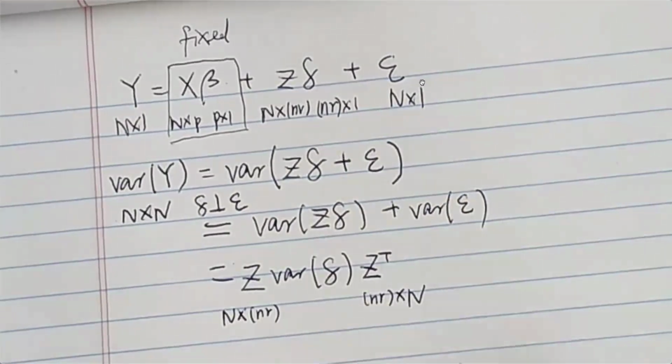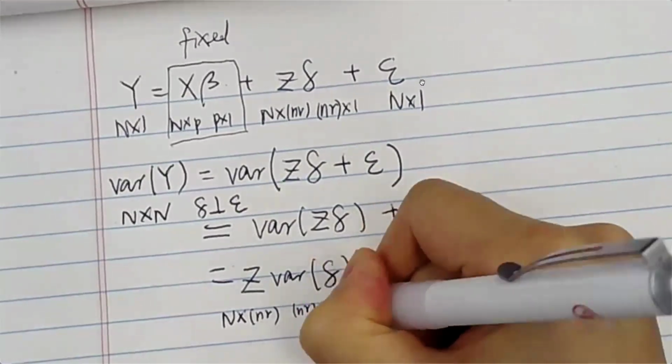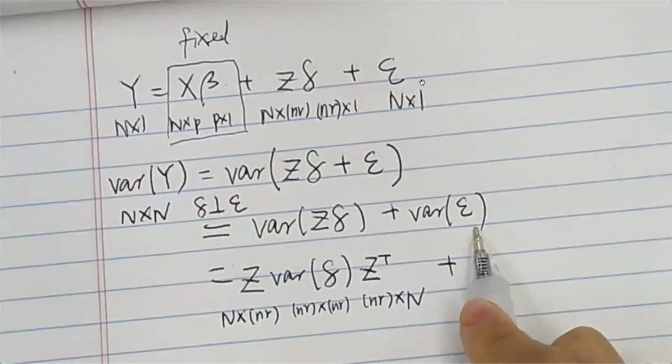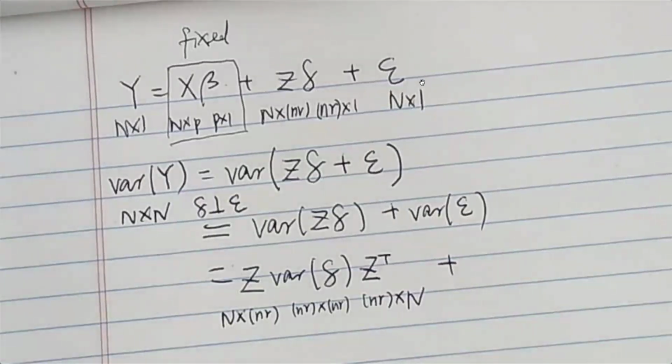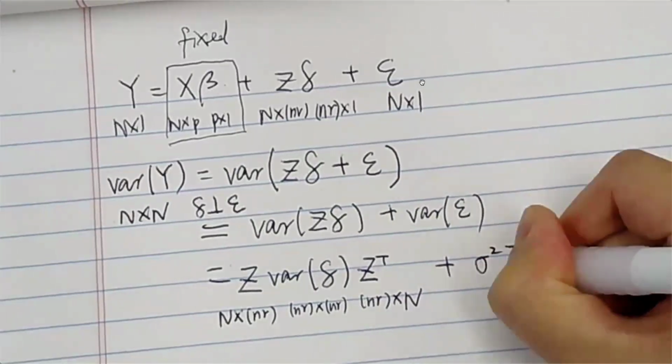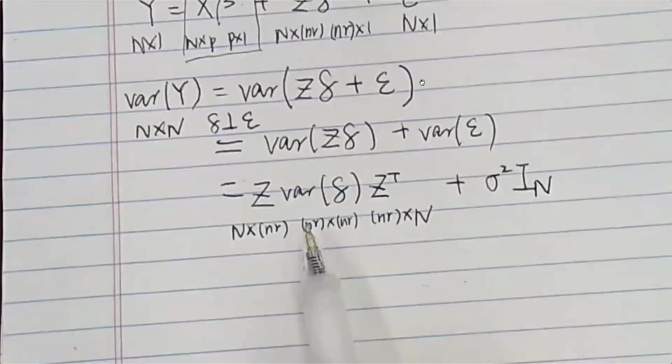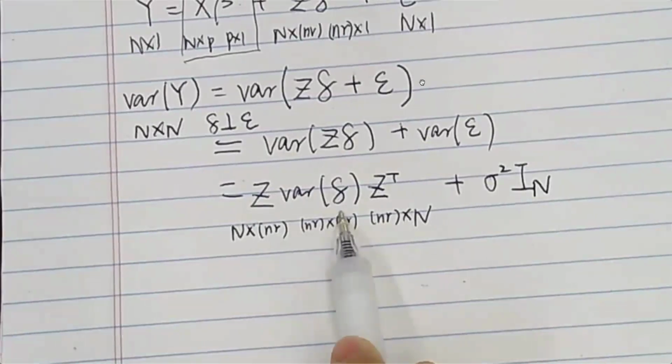The variance covariance matrix of epsilon ij: they're all independent and share the same variance, so it's just sigma squared times the N-dimensional identity matrix.